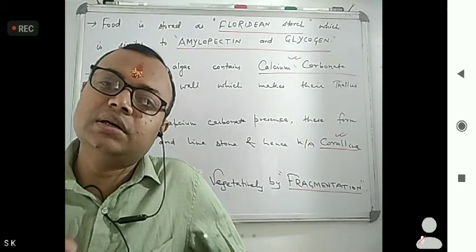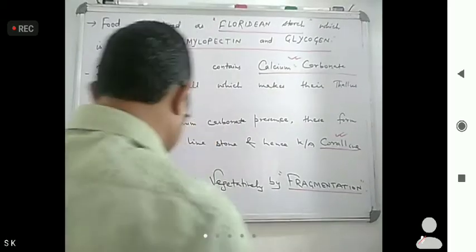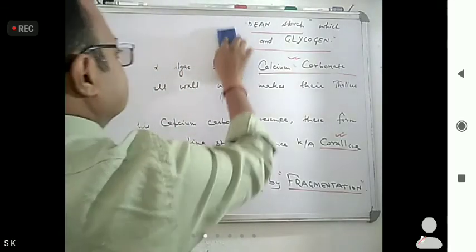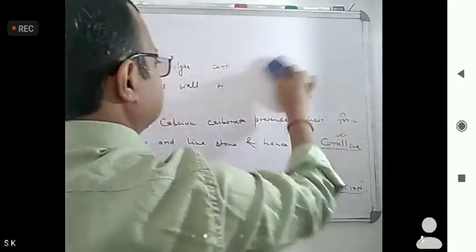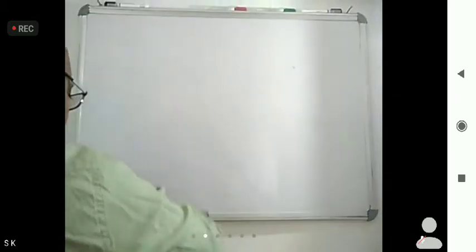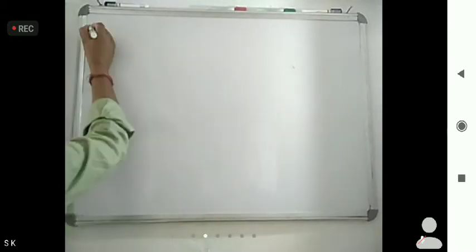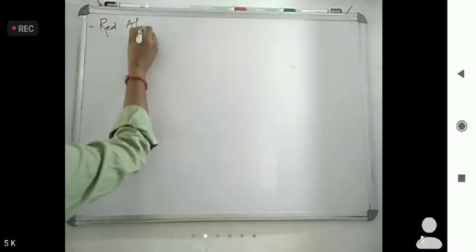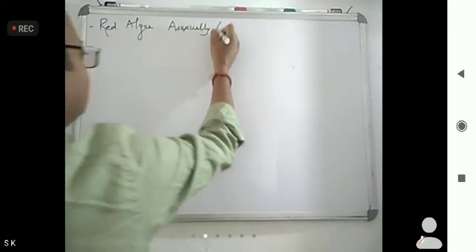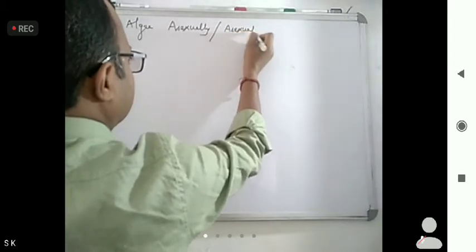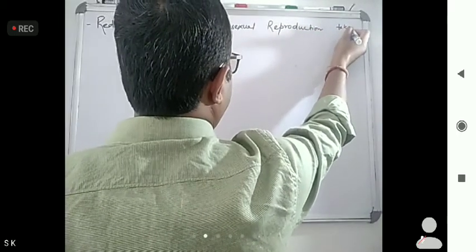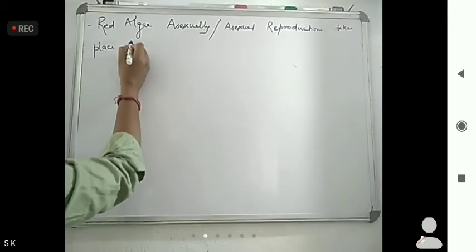If we are coming to asexual reproduction, so what method are they having? So that method is non-motile spores. So in red algae, asexual reproduction takes place by which method?